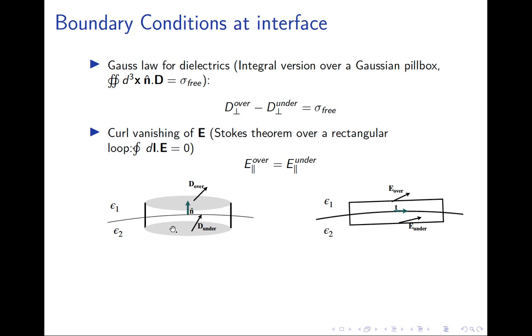Now we are going to take a limit in which the top and bottom surfaces approach the boundary of the medium from both sides, over and under. In that case, the contribution from the lateral side will vanish, and the complete flux contribution, from the divergence theorem applied to this, will come from the top surface and the bottom surface.